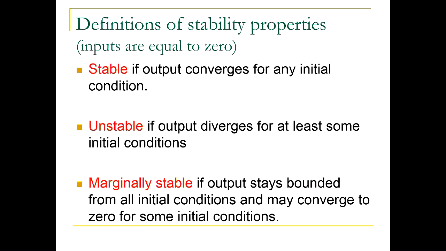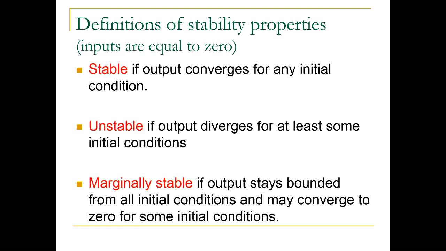So definitions are given here. The system is stable if output converges for any initial condition to the equilibrium of interest. Usually, when you linearize the system, in new coordinates, the equilibrium of interest is zero. So basically, we want to converge to zero in the new coordinates. The system is unstable if output diverges.